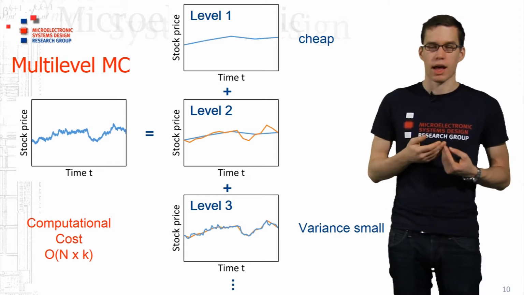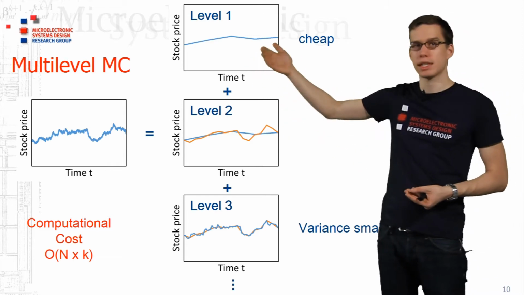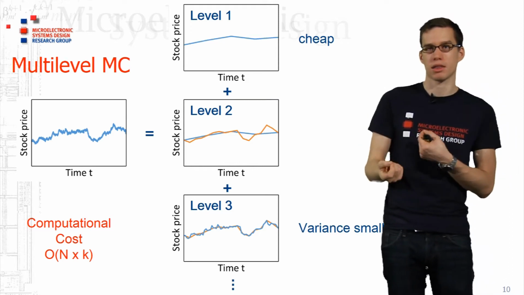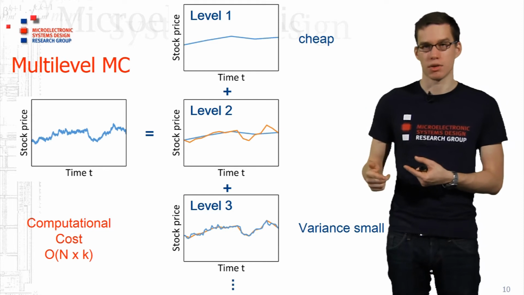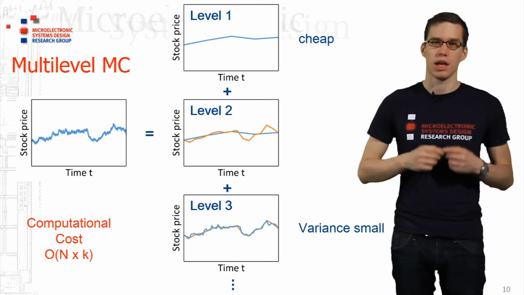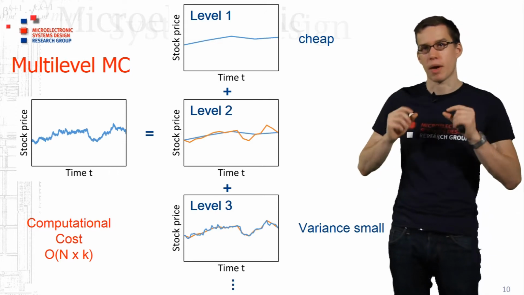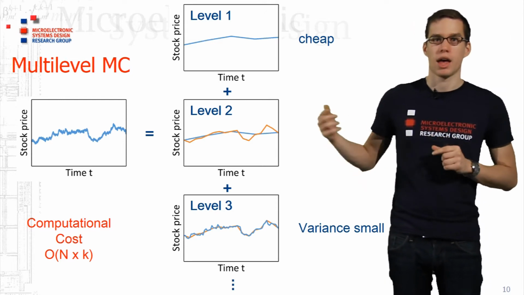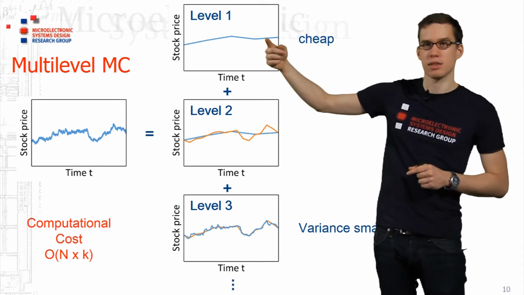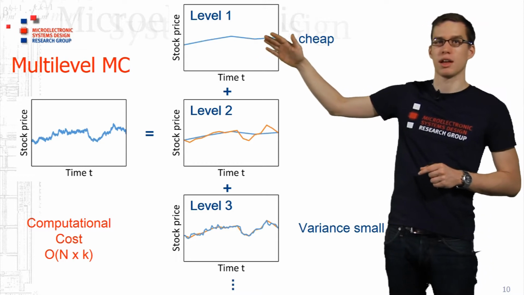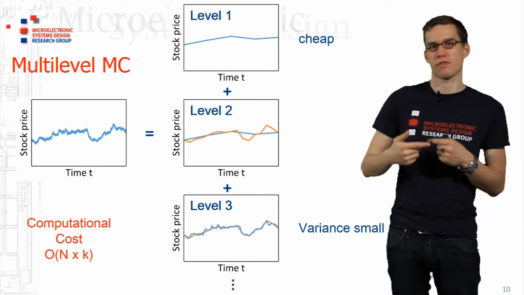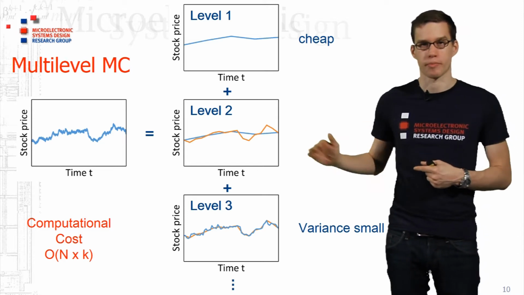And then we do a second Monte Carlo simulation where we simulate the difference between a path of a higher discretization and a lower discretization, in this case maybe 16 and 4. And we simulate only the payoff of this difference path, and so on. With that, we get an initial estimate from the first Monte Carlo simulation, and then we get refinement or correction factors, which make our result better.